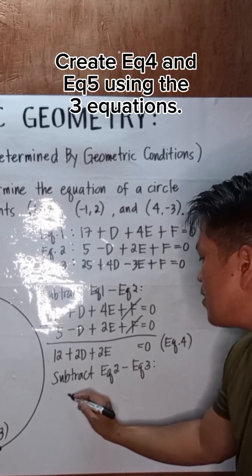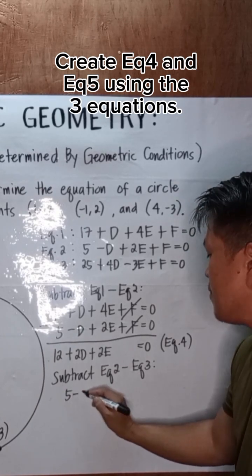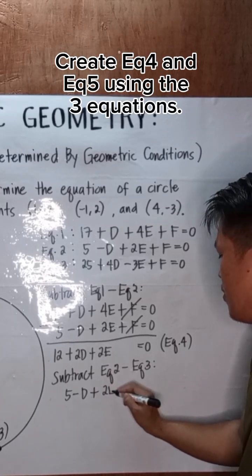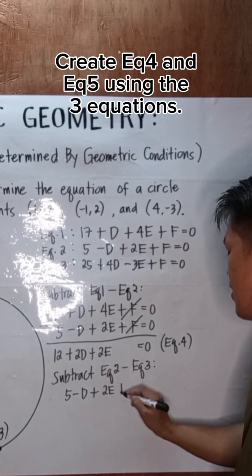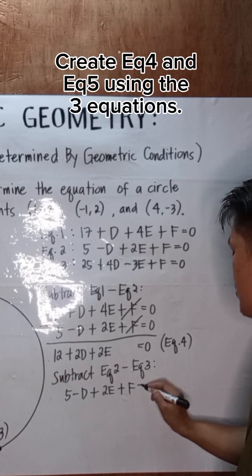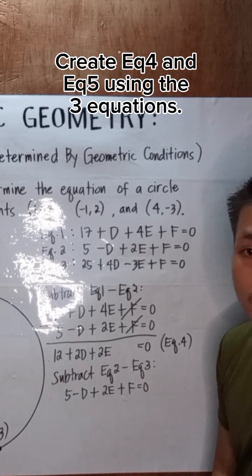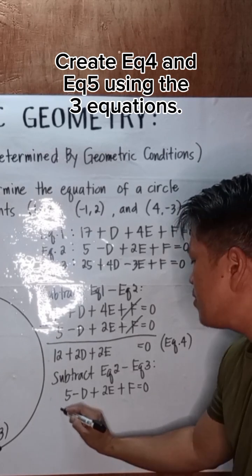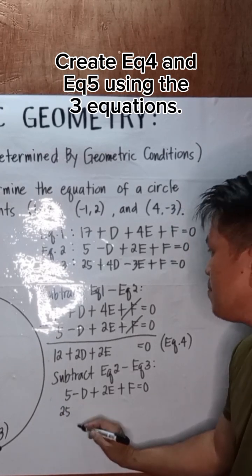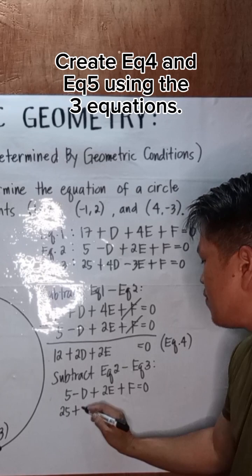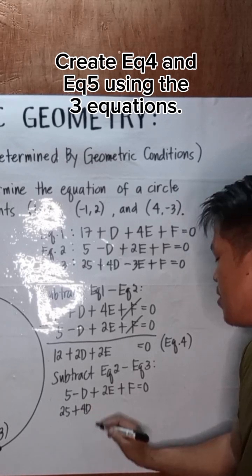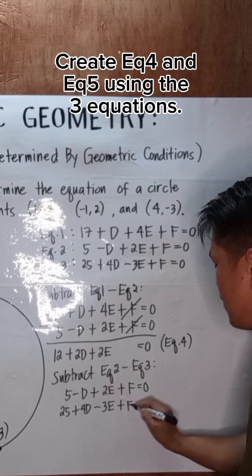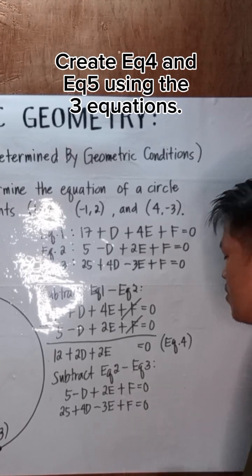Ang equation 2 natin ay 5 minus D plus 2E plus F is equal to 0. And then, ang equation 3 ay 25 plus 4D minus 3E plus F is equal to 0.